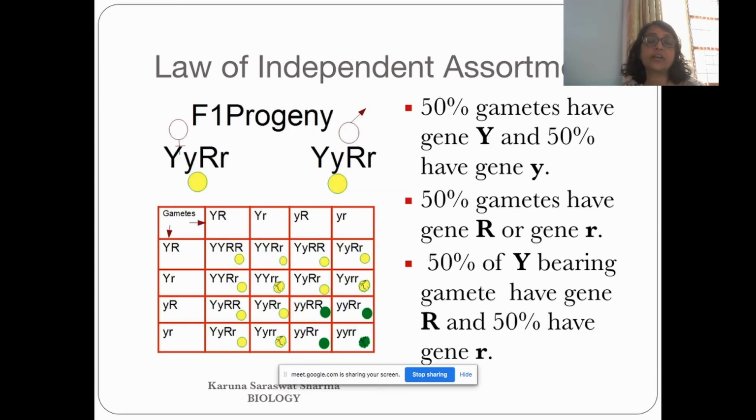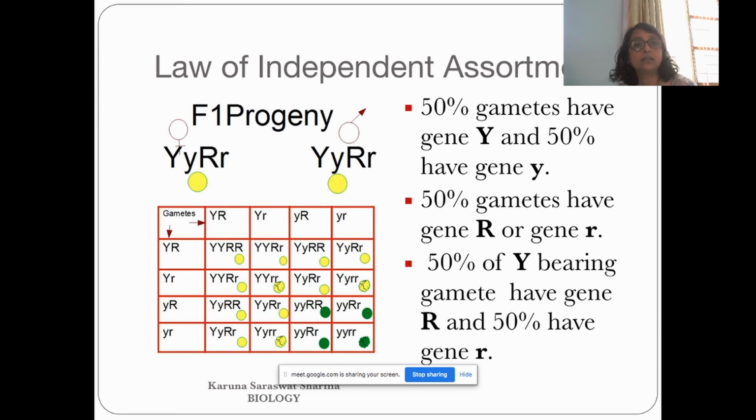Now when the F1 progeny is undergoing selfing, the type of gametes that are produced are capital Y capital R, capital Y small r, small y capital R, small y small r. This we have studied in the dihybrid ratio.